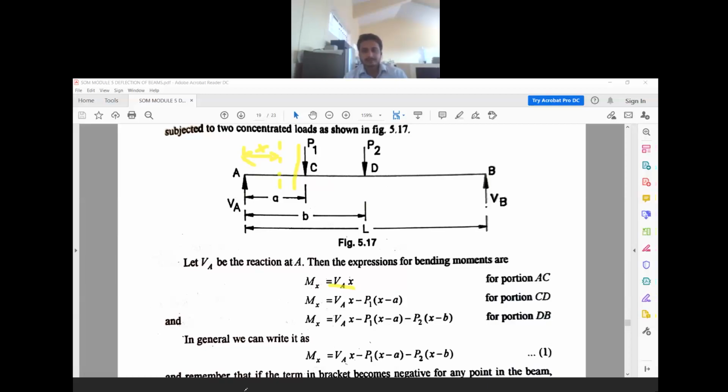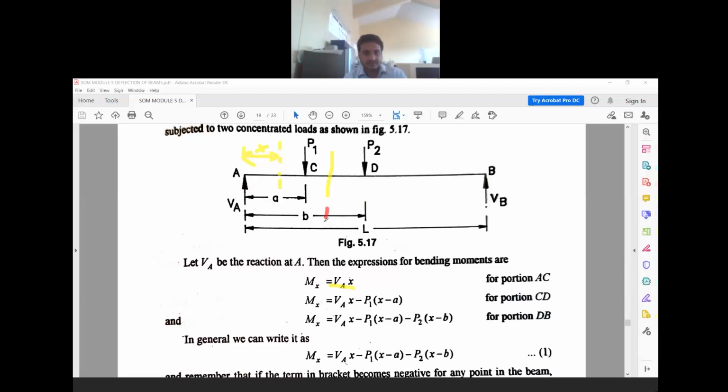So next, for portion CD, this section crosses C and it will be in this region. So when the section is in this region, what is the moment equation we have to consider? So I will stand here and calculate the moment. So VA is at a distance of x and P1 is at a distance of x minus a.